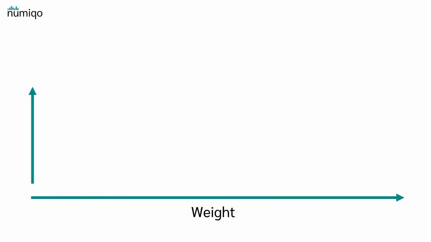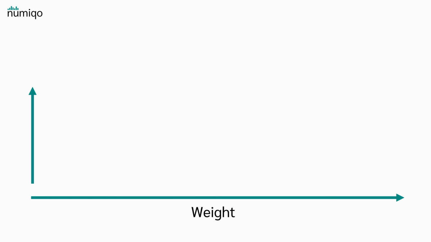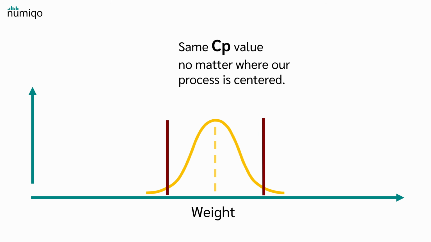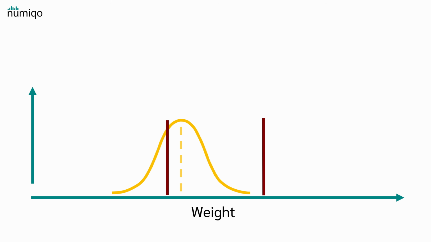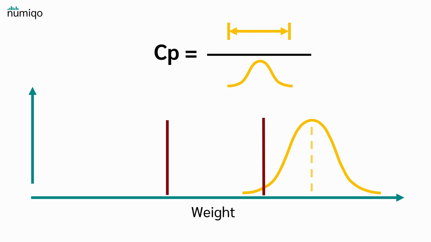Now there's one thing to consider. If we plot weight on the y-axis, mark the specification limits and show the process variation, we'll get the same Cp value no matter where our process is centered. So the process can be centered here or there. In all cases, we get the same Cp value, because the Cp value just depends on the process width and the tolerance.